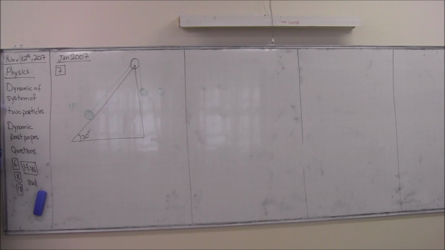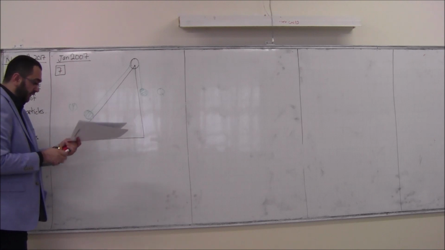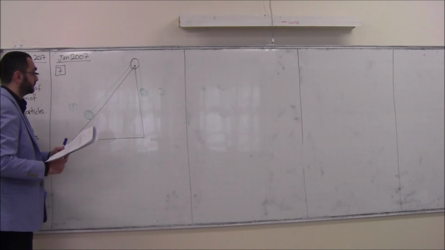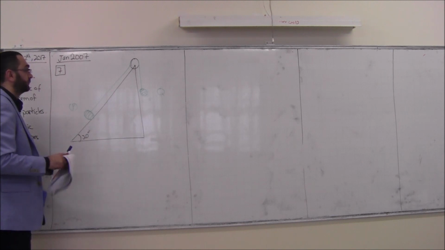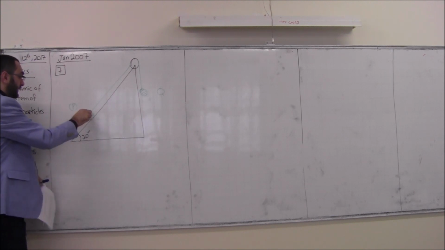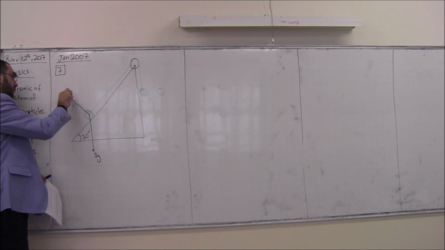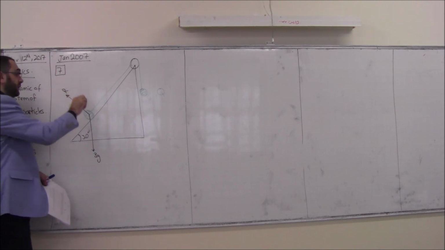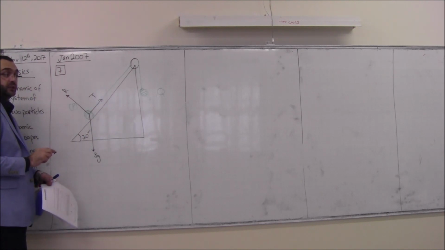Okay, guys, look now, please. What we have to do, as usual, is find the forces. Here, 3G downward. Normal. We don't have friction, and the tension goes up towards the pulley.